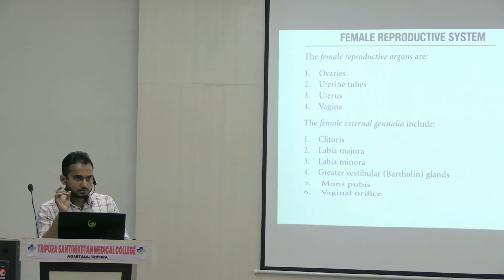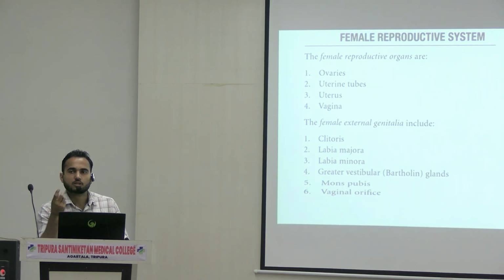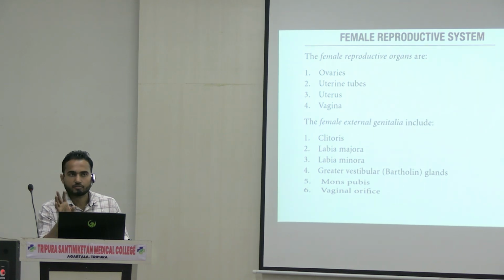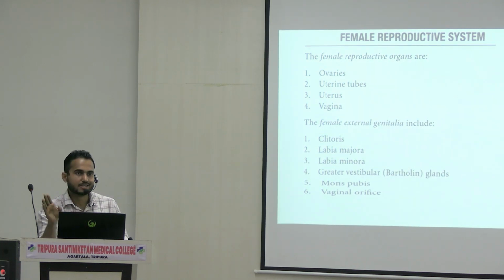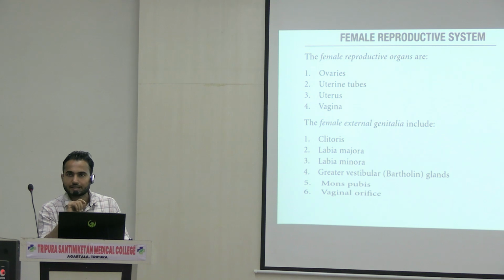Moreover, I hope you have observed that during these histology lectures, I am giving you a brief concept about what will be present inside the structure. So whenever you see a section of the ovary under the microscope, two parts are visible. The outer part is called the cortex, the inner part is called the medulla in case of the ovary. So that concept of cortex and medulla is present here.